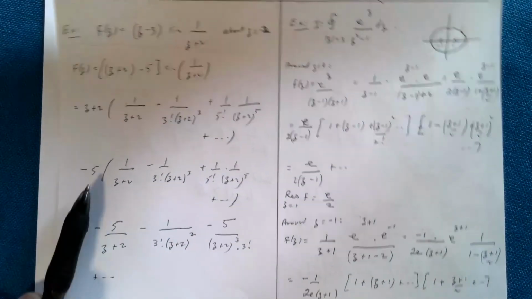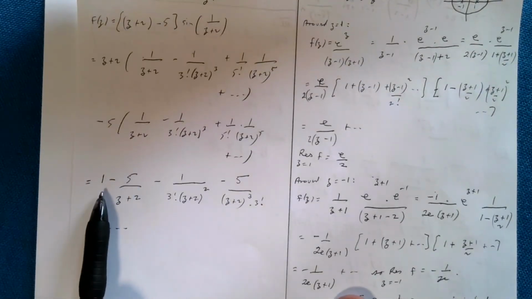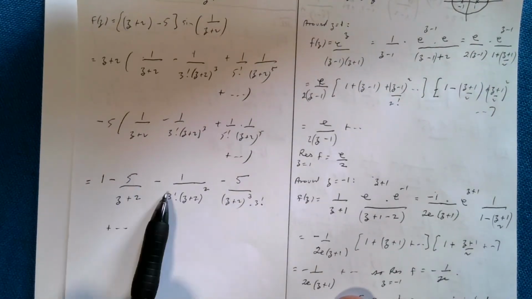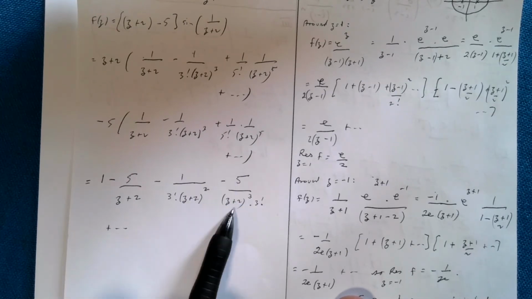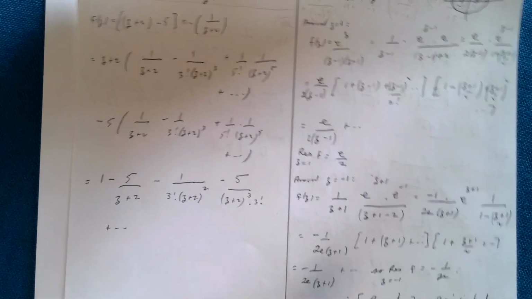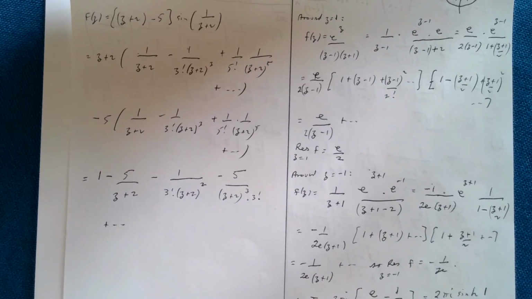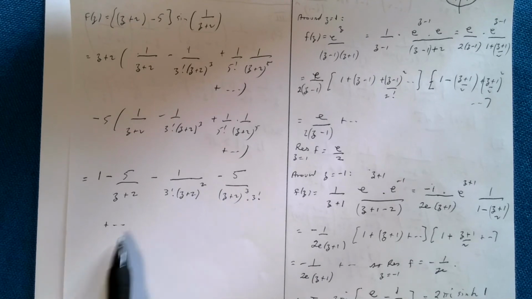And now I just take out the brackets and simplify a little bit as best I can, so I get 1 minus 5 on z plus 2 minus 1 on 3 factorial z plus 2 squared, and so on. And you can, if you want to, write down a general formula for this, but I just wanted the first few terms of it. By the way, in this particular case, this z plus 2 is going to occur infinitely often in the denominator.